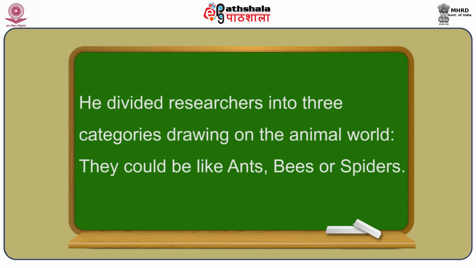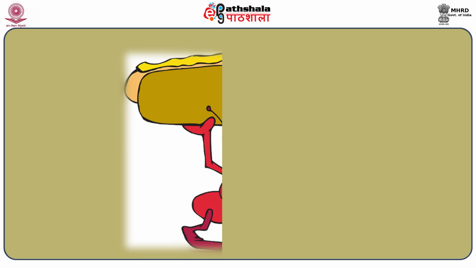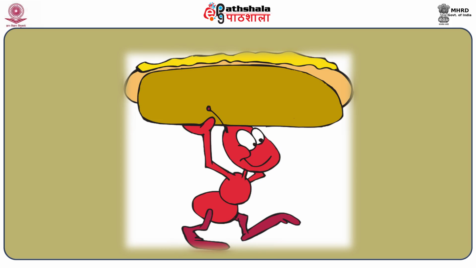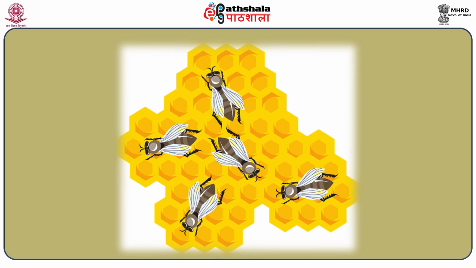And he, very insightfully, I think, Francis Bacon, very intelligent, divided all scientific inquiry and all scientists into three categories. And he called them ants, bees, and spiders. So he said many scientists are like ants, they just collect a lot of data, but understand nothing. On the other hand, there are bees who get nectar but then produce honey.